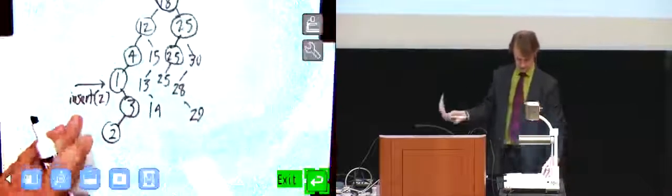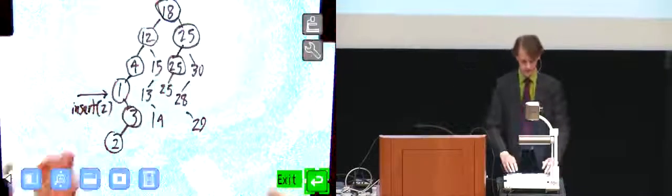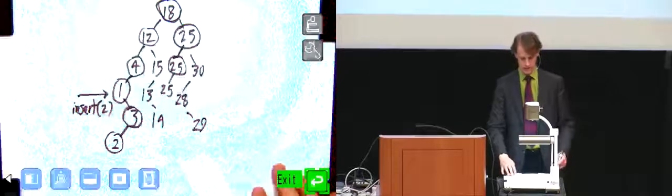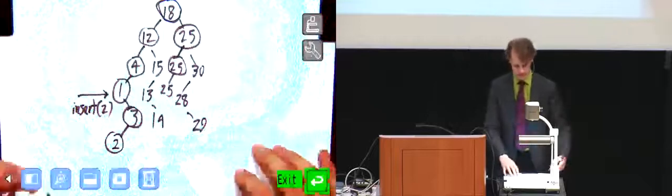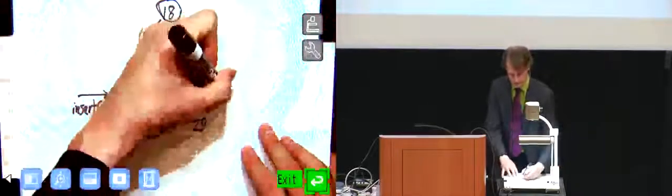So to show you what that looks like, let's come back to this tree. The easy thing we could do is, for instance, suppose you want to remove 30.